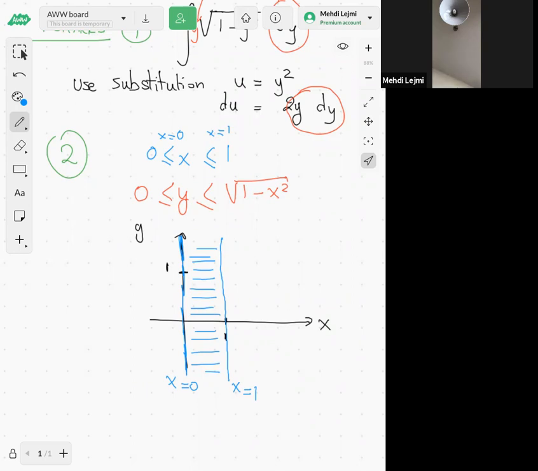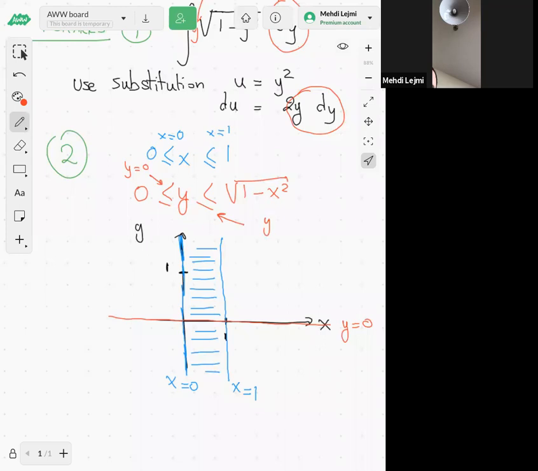right? Now next, y is larger than 0, so here we have y equals 0. Okay, so y equals 0, of course, is just the x-axis. So here's y equals 0. All right. And then y is less than square root of 1 minus x squared.